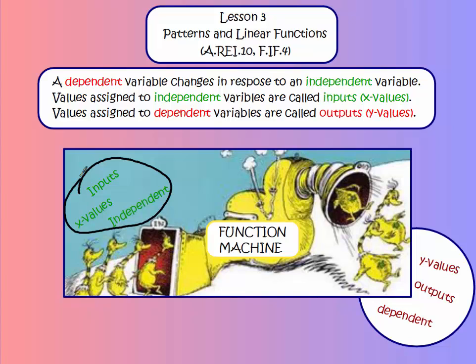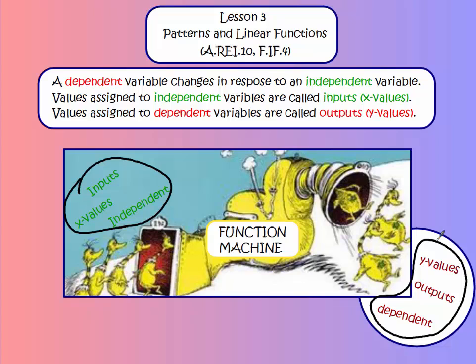It does the exact same thing to every single sneech. It gives it 1 star. It's the +1 machine. Over here you see what's coming out of the machine. These are the y values, the outputs, the dependent variables. Now we can't choose. We can't say, oh no, it's going to come out with 3 stars or it's going to come out with 7 stars on its belly. We cannot choose this.